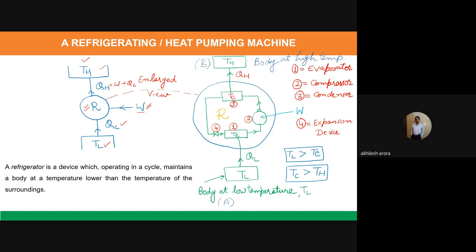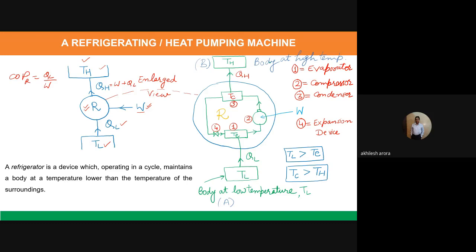The COP for the refrigerator is equal to QL divided by W. This is the definition of the COP of a refrigerating machine.